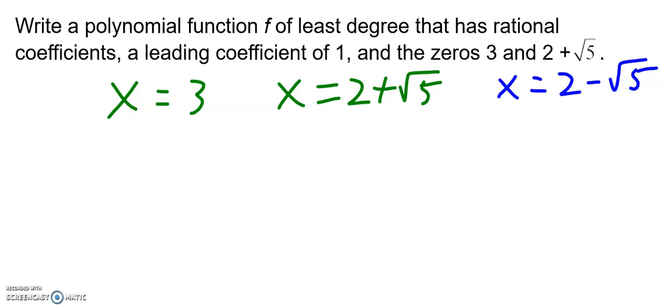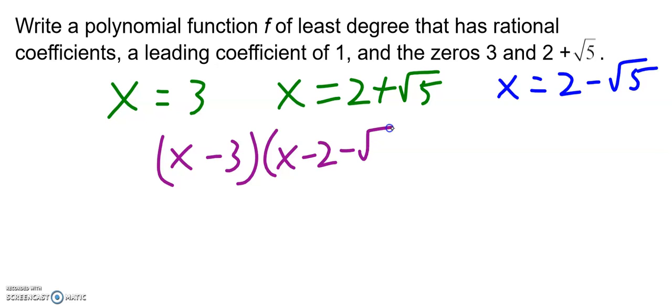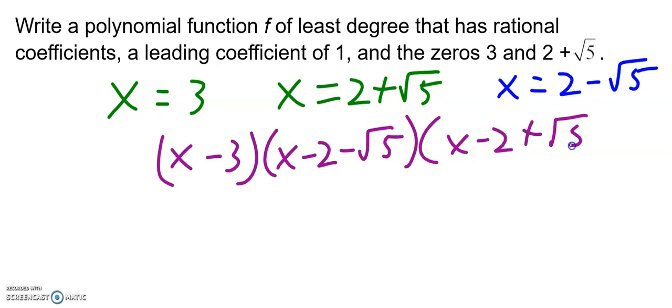So then my factors would be x minus 3, x minus 2 minus root 5, and x minus 2 plus root 5.